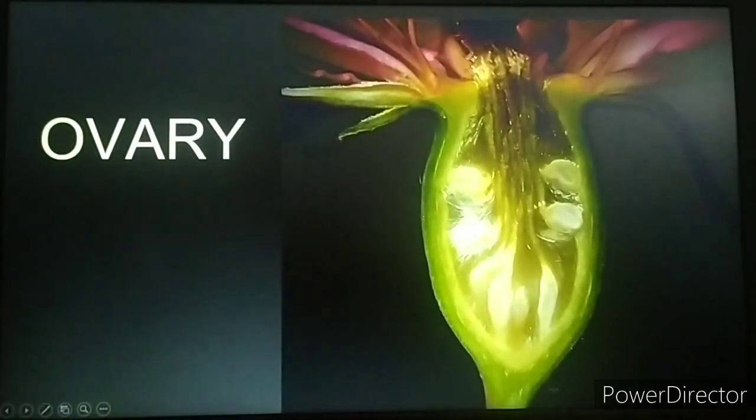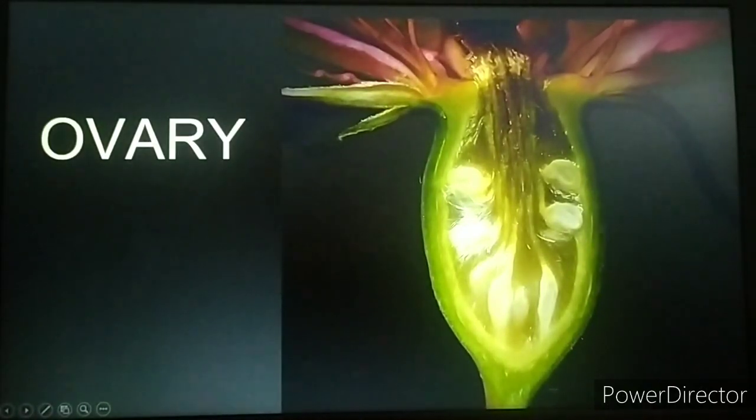Inside the ovary there is presence of ovules. These are the ovules, as you can see here in the figure, in this module there is a picture of an ovule. These ovules contain the female gametes.